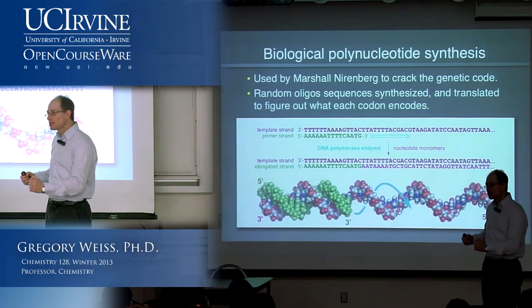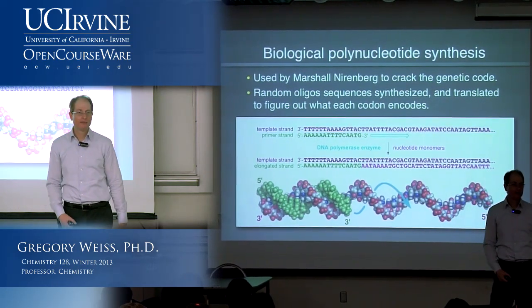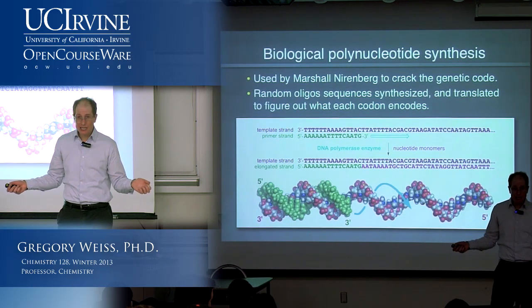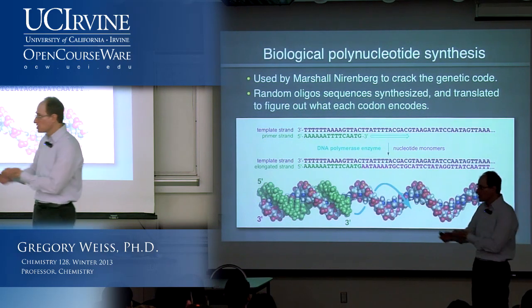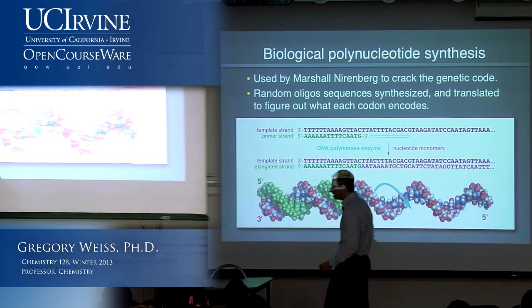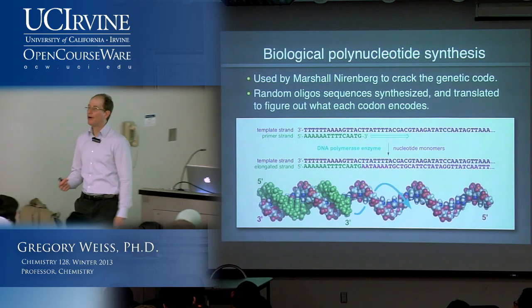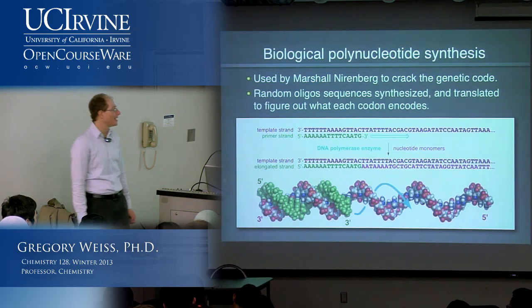Without this running start, the enzyme doesn't know where to begin. And this is actually a very useful property, right? You don't want DNA polymerase to come along and start synthesizing random bits of pieces of DNA here and there. And it turns out that this is one that's been exploited quite a bit. And I'll show you some examples of that in a moment.